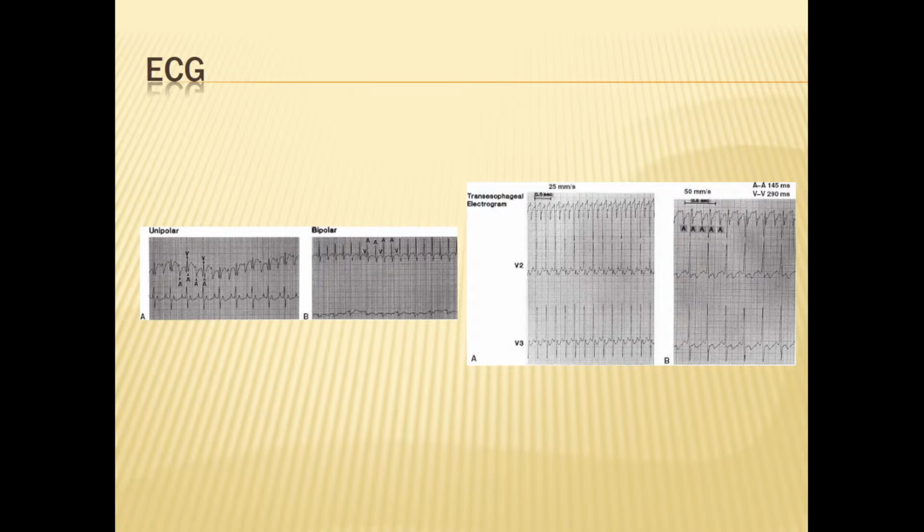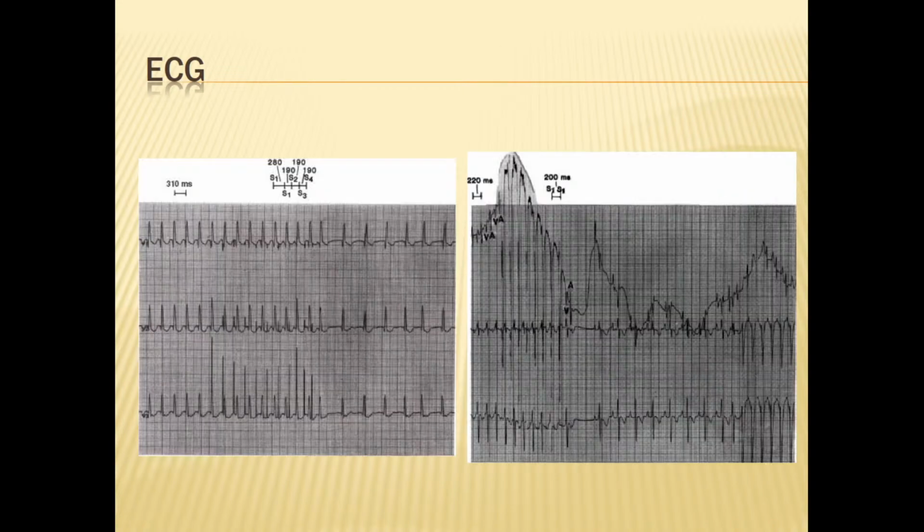You see in the transesophageal electrogram that there are two A waves before each QRS complex. It means that this patient suffers from flutter with ratio 2 to 1. In surface ECG, these waves are not visible. That's why it is more difficult to make a diagnosis.